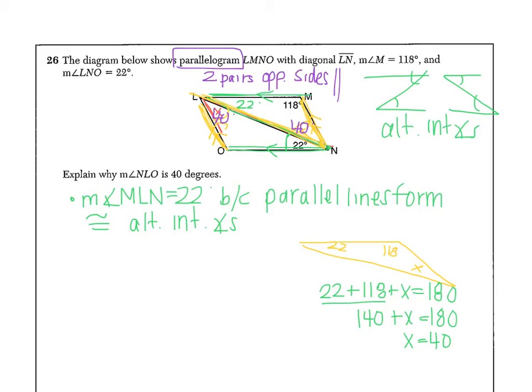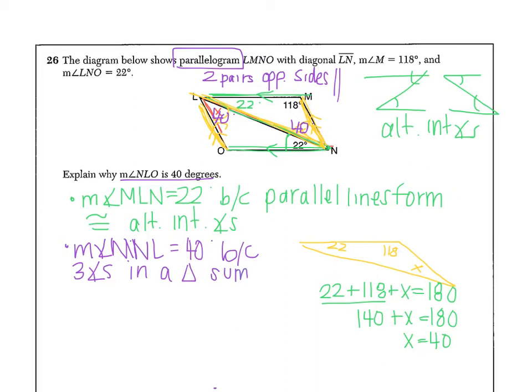But we're not ready to explain why NLO is 40 just yet. We have to talk about the measure of angle MNL, which is also 40. And this was because three angles in a triangle sum to 180.